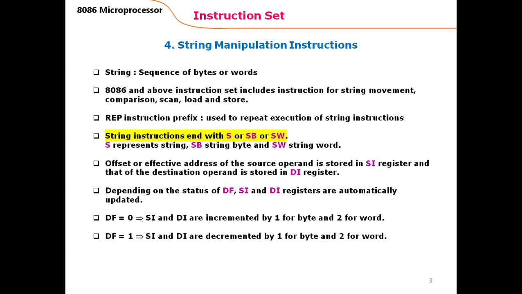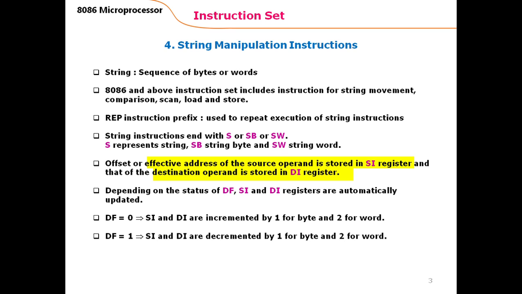For example, MOVS means a string manipulation instruction, MOVSB means a string transfer instruction on bytes. MOVSW would mean to operate on words or 16-bit string data. MOVSD would mean operating on double words. MOVSQ would mean operating on quad words or 8 bytes of string data.